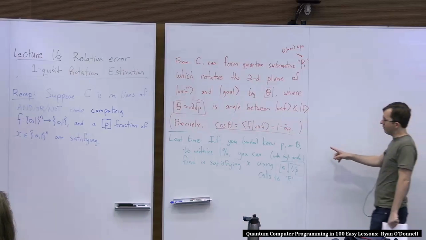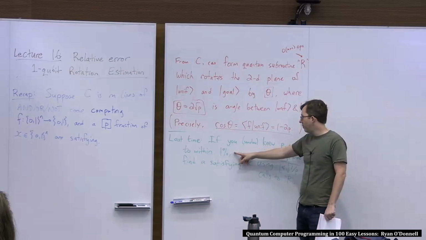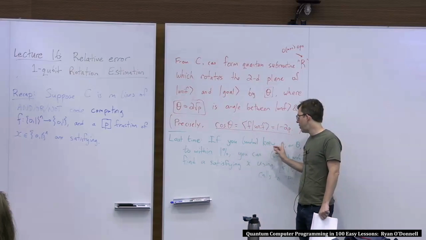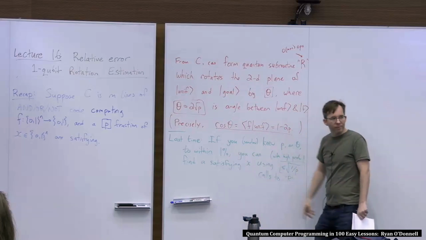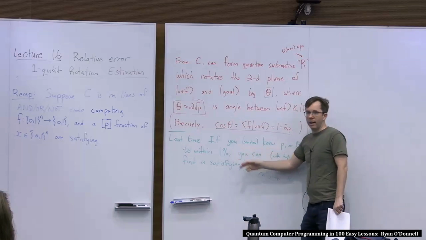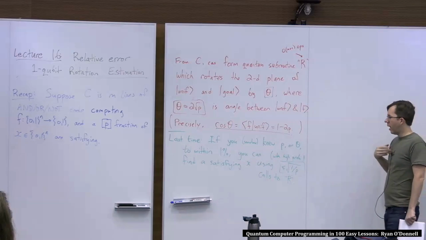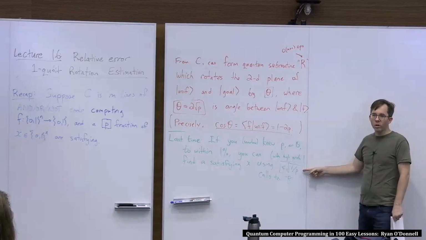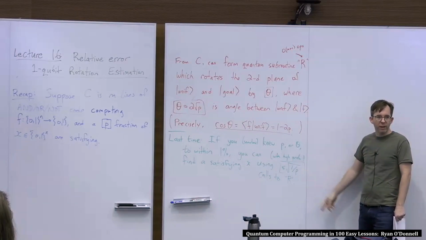But we still have this slightly less magical assumption that you somehow know, let's say, theta to 1%. And basically, eliminating that assumption is the content of today's lecture. We're going to show that you can figure out theta to within 1% with how much work? About this much work, order of square root 1 over p.